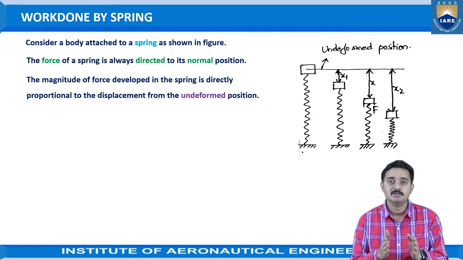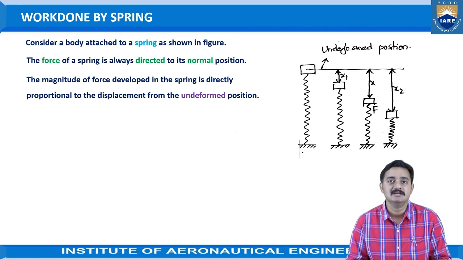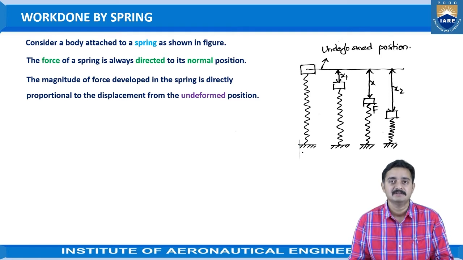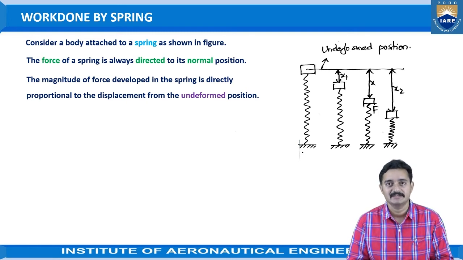Then if we need to compress the spring further, let us say to 12 centimeter, more force is needed than for the starting 5 centimeters. So as we increase the compression or elongation of the spring, we need more and more force to compress or elongate the spring.